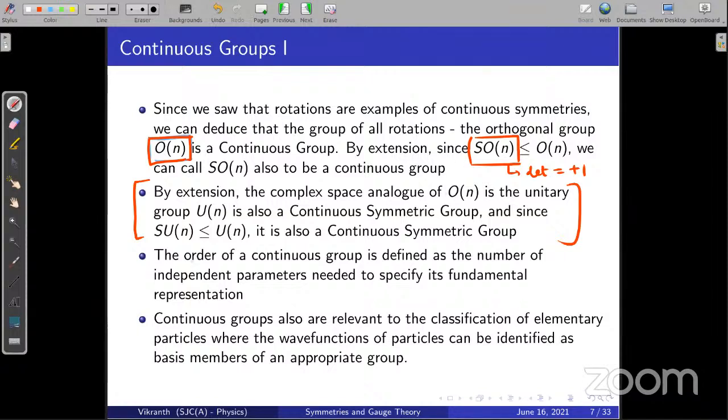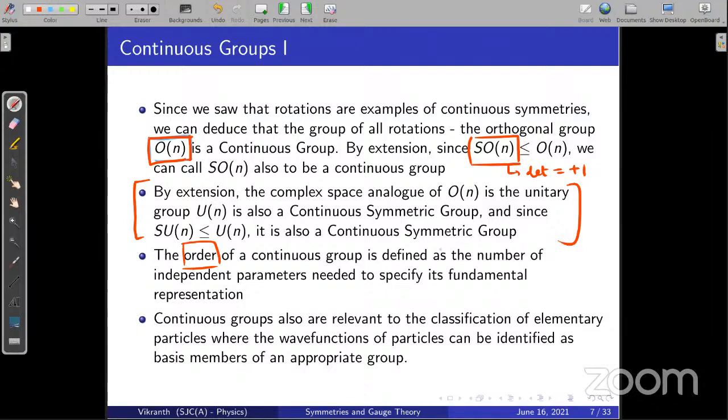Okay. The order is something that is important, and we will see exactly why. The order is defined as the number of parameters that you need to specify how you represent that group. We'll see examples of this instead of trying to understand the definition as it is.